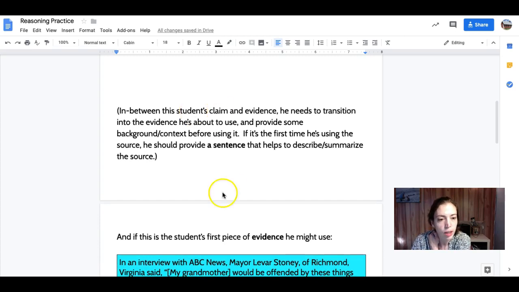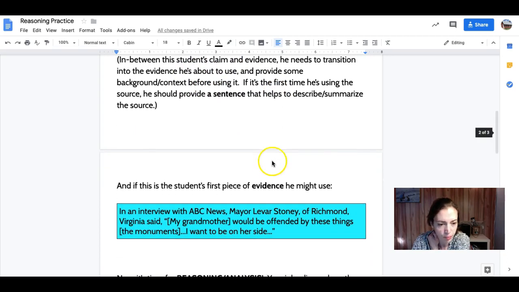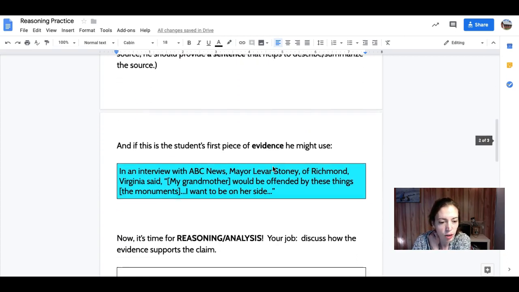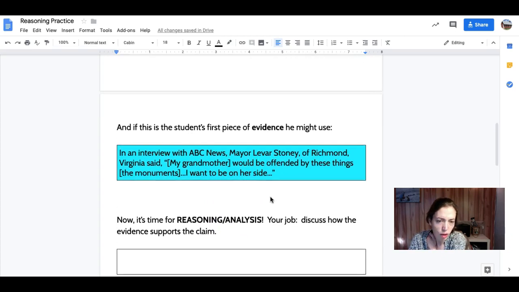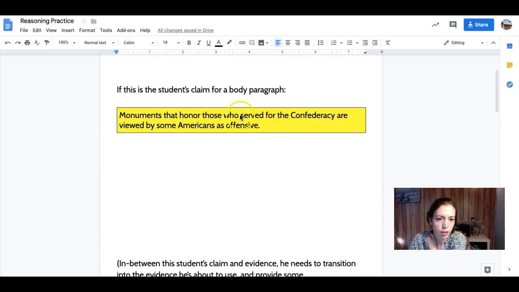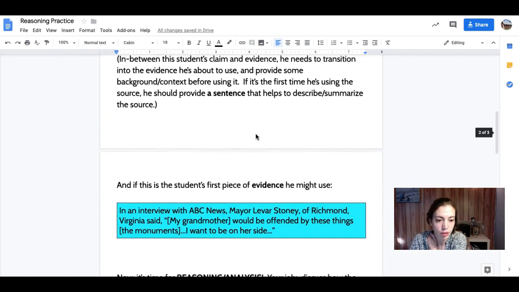Okay, so anyway, you have your context, you have your one sentence that helps to describe or summarize the source, what it's all about. You have your evidence. Now it's time for reasoning. So your job is to discuss how this evidence supports the claim. And remember, our claim is how these monuments are viewed by some Americans as offensive.